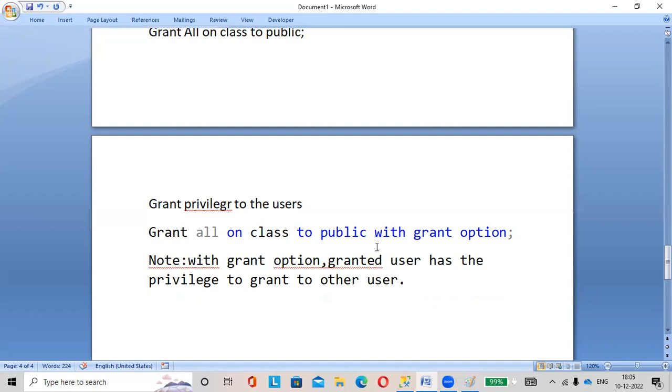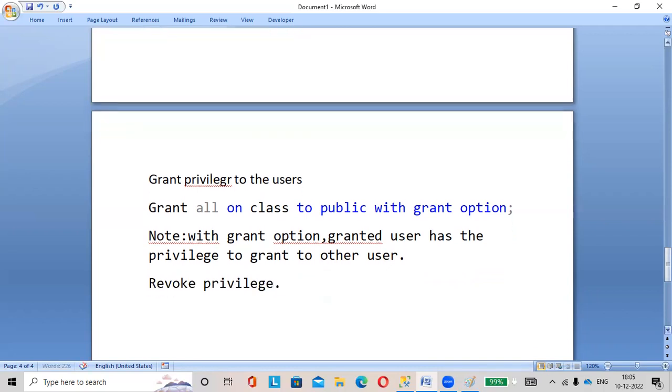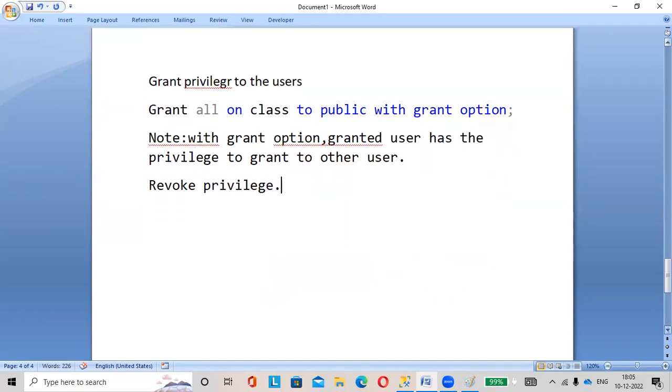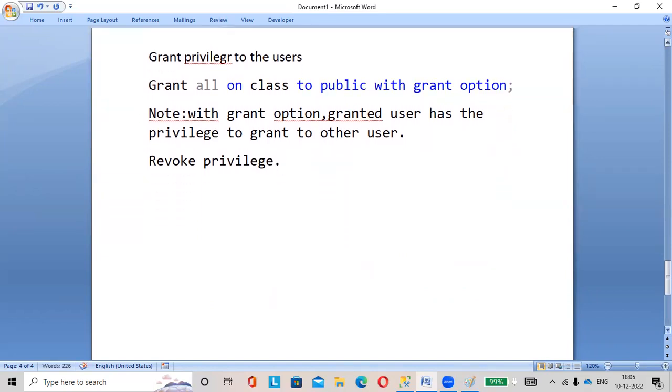Okay, in the same way, revoke privilege. What is the use of revoke privilege? Take back the permissions which are granted to the user. Revoke is a process of taking back the permission. Why? Because the specific employee is leaving the organization.